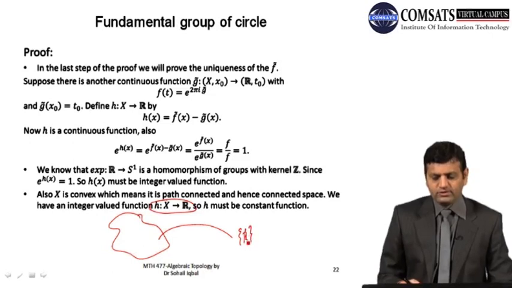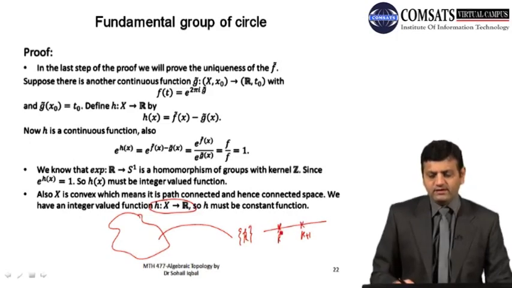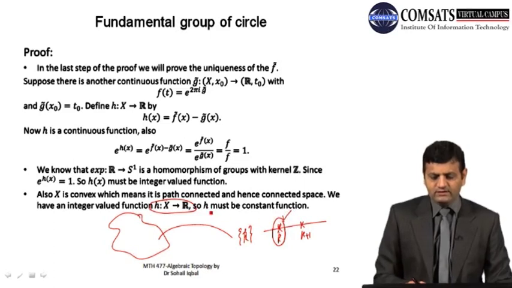Because if there are two elements, let's say k and k plus 1, then this set is definitely not connected, unless we take the output of h to be only one integer. That's why this h must be a constant function.